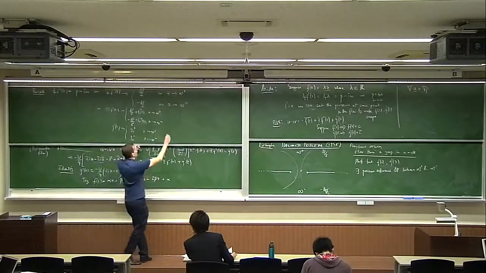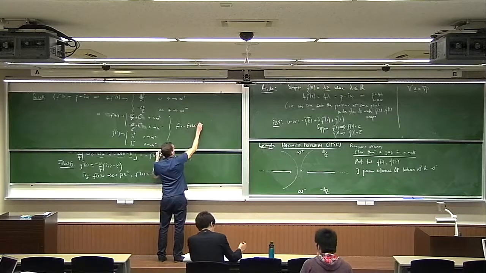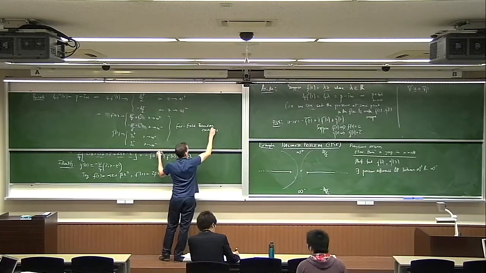These are what we call the far field conditions. It's what's forcing the flow.